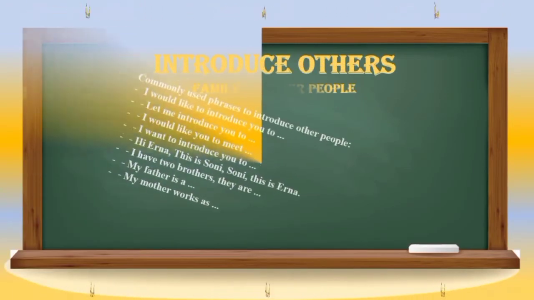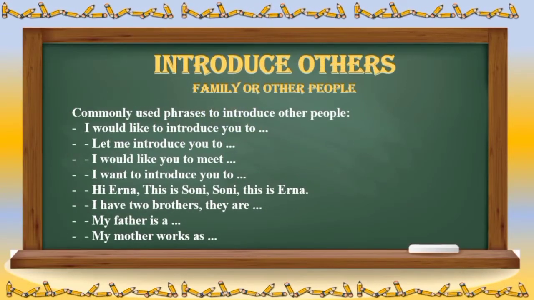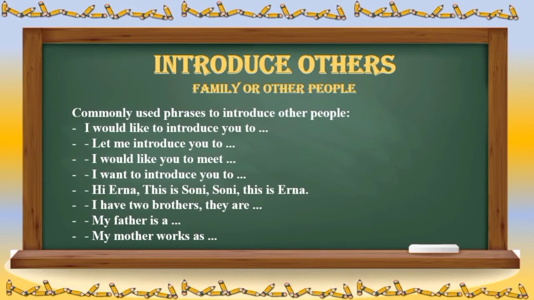And then, besides introducing ourselves to others or to your partner speakers, of course, we can introduce other people, such as our family, our friends, and so on. Here are some examples of commonly used phrases to introduce other people in a conversation.